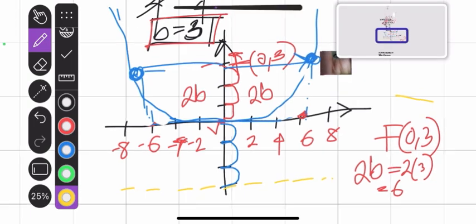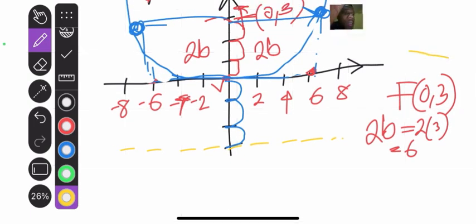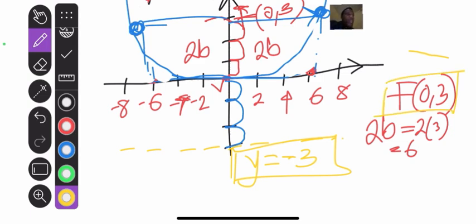In other words, here is going to be y equals -3. So here is the equation of the directrix, y equals -3. Here is the focus, (0, 3). And the distance of b units, b we know as 3. Thank you very much. Move to the next question.